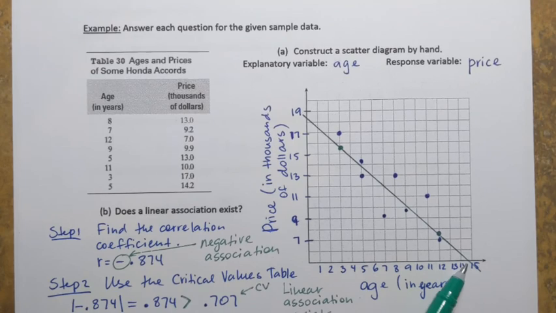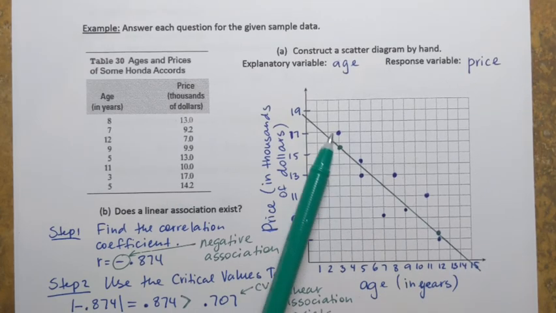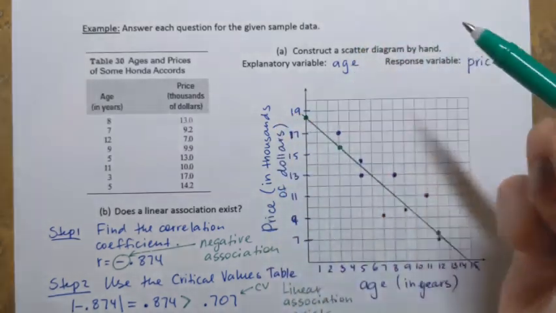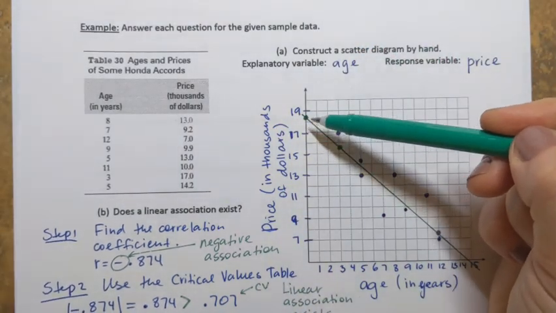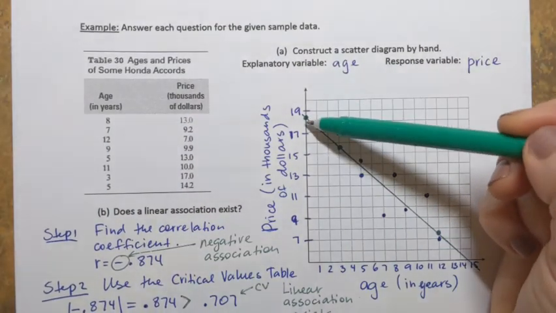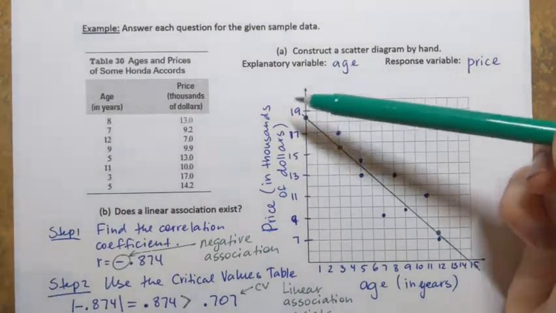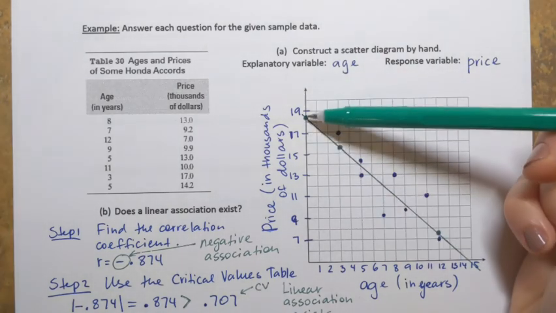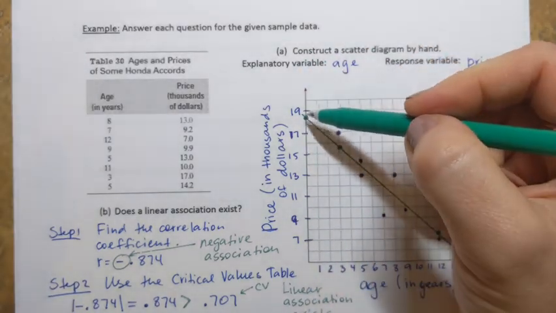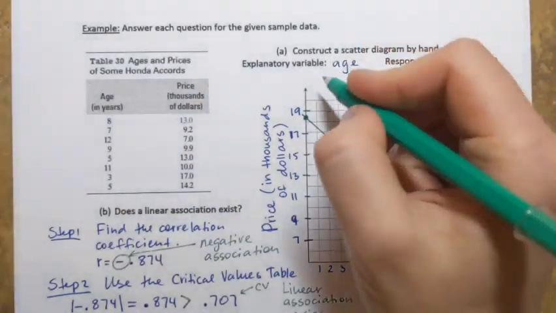Where does this line cross the y-axis, the vertical axis? Well, right here. And if we look at it, it's going to be about 18.42, right? It's actually a pretty good graph that we have here, because it does look very close to 18.4.